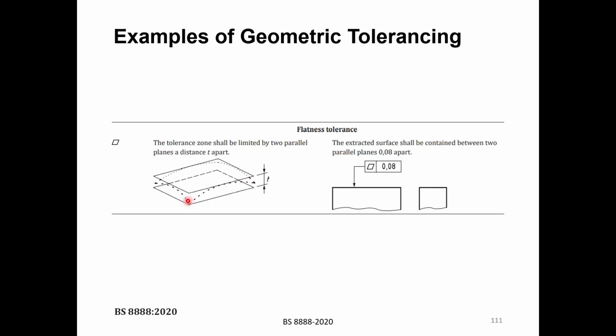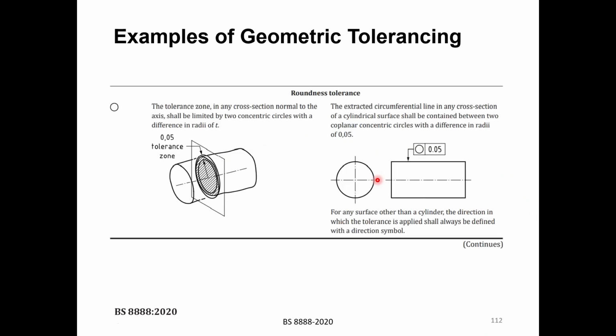And then the dashed one here is the real surface that we get after manufacturing, but the inspector should either accept or reject this surface. As long as the surface is within this tolerance, between these two surfaces, it will be accepted. And this is the symbol of the flatness of a surface.